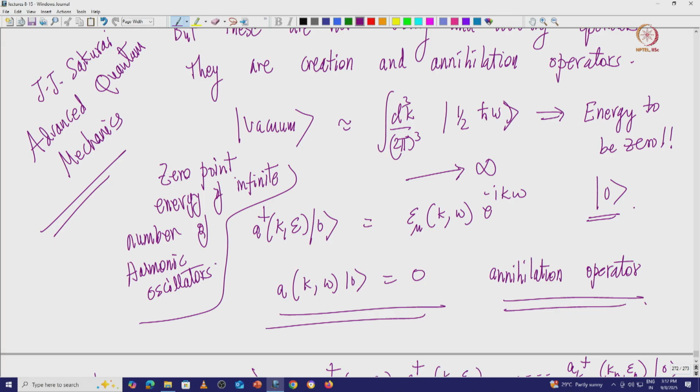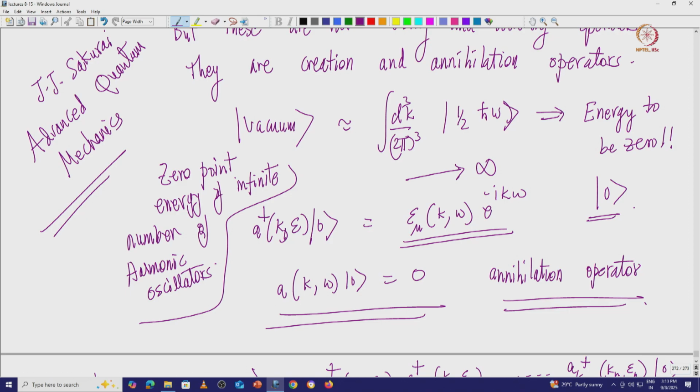So with this we will denote the vacuum state as the 0 state, and the creation operators are defined in such a way that the A-dagger operator acting once on the vacuum, with a momentum k and polarization epsilon, will produce a photon with momentum k and polarization epsilon. The annihilation operator annihilates the vacuum.